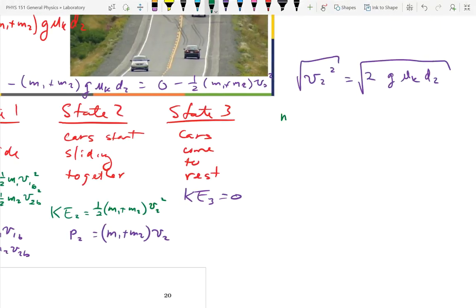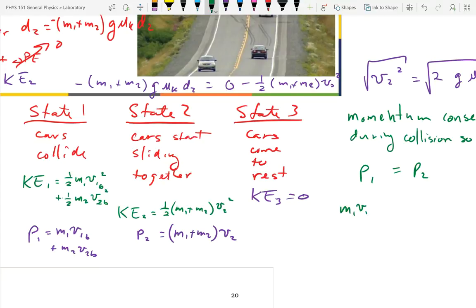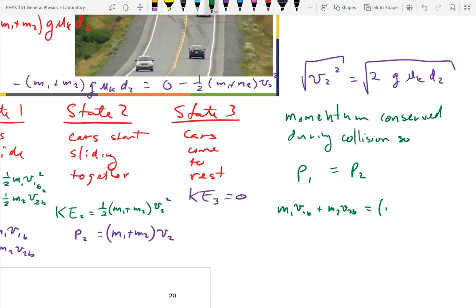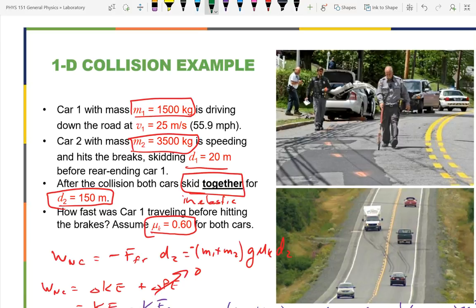So now we already know V2, and we were given V1B.